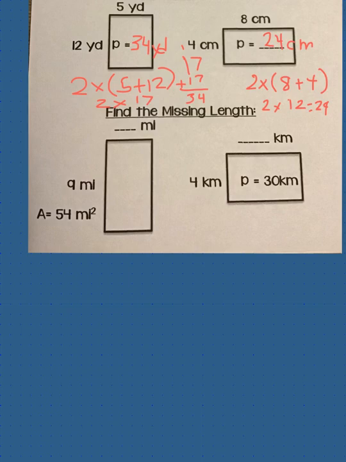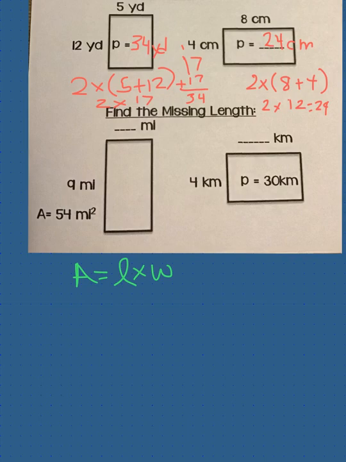All right, so if we know the formula for area is area equals length times width. Remember, that's that rule. Now we're just going to plug in what we know, okay? We know it says over here that area equals 54 miles squared.